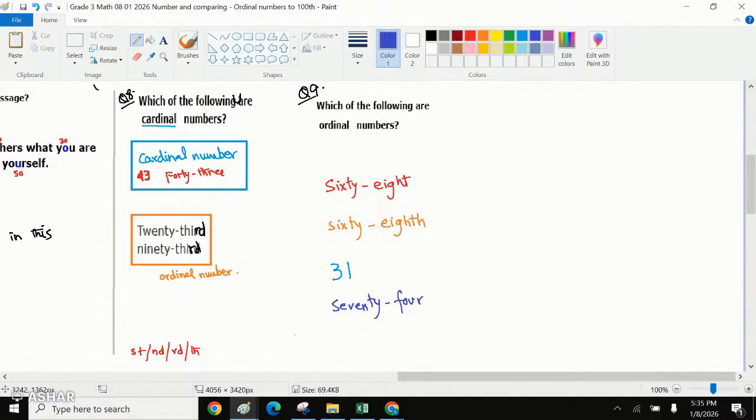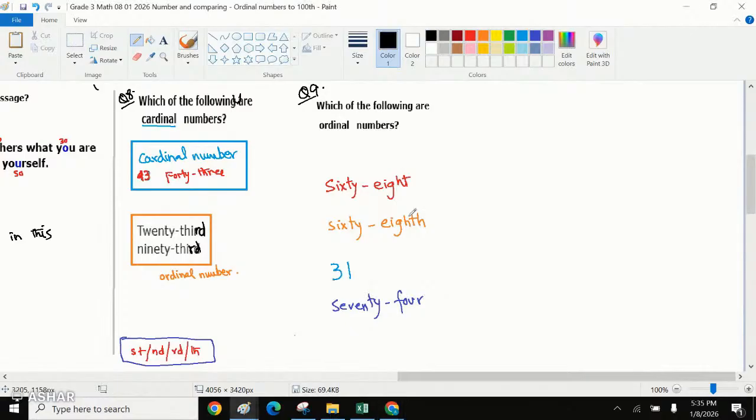Do we see any number ending with the rule for ordinal number? They should end with these alphabets, right? So which of the four numbers can we see? Which of these four numbers are ending with st, nd, rd, or th?